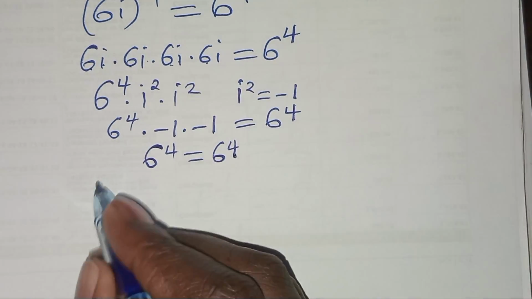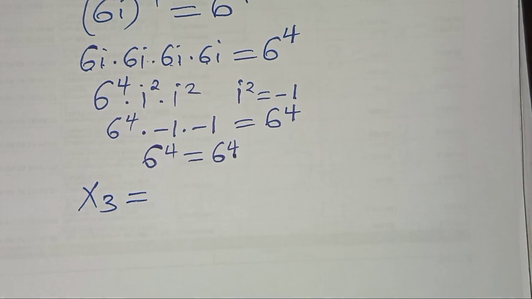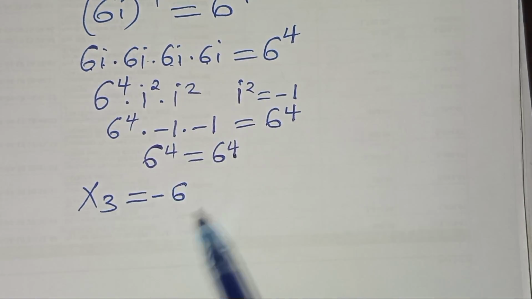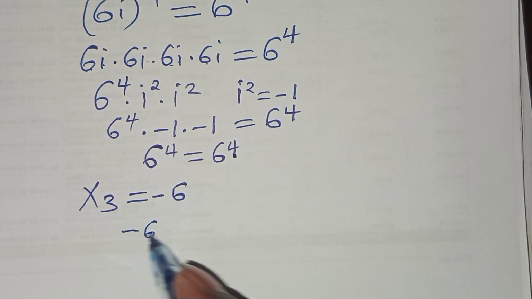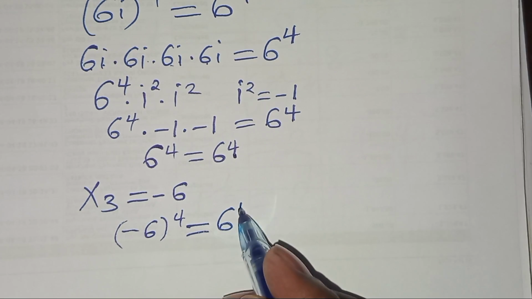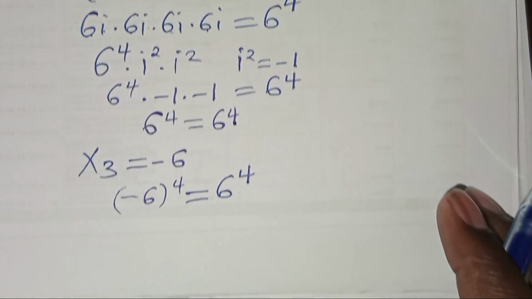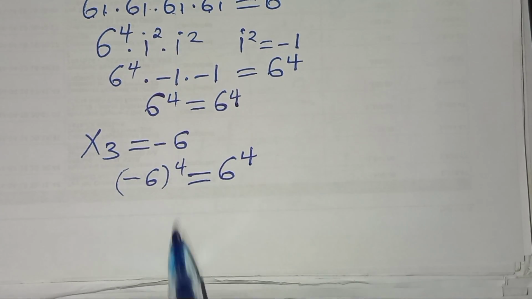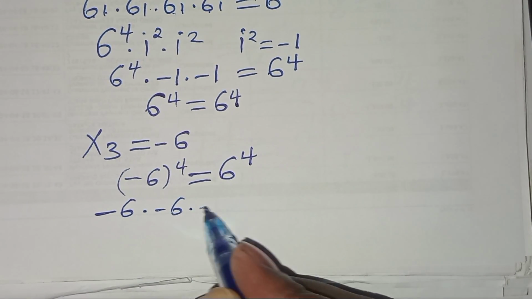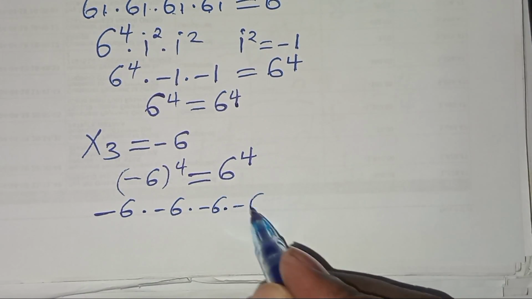Let's move to x3, which is equal to −6. So we'll have (−6) raised to power 4. This should be equal to 6 to power 4. Now, we can express this as −6 times −6 times −6 times −6.